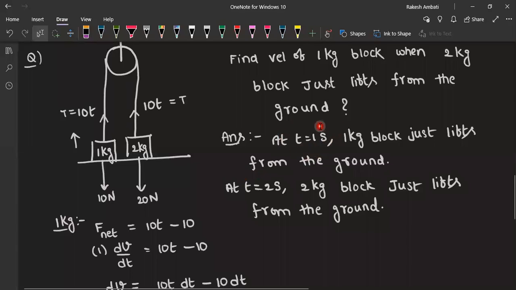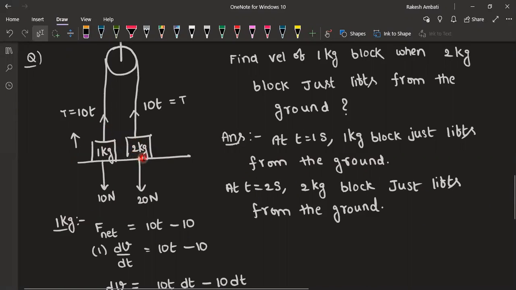At t equal to 1 second, the 1 kg block is ready to lift off from the ground.